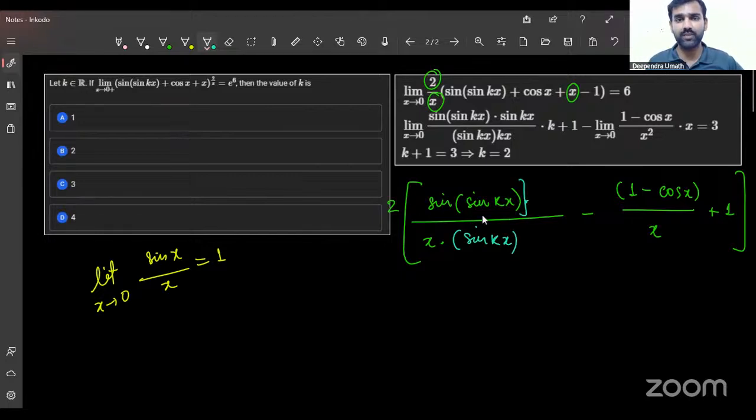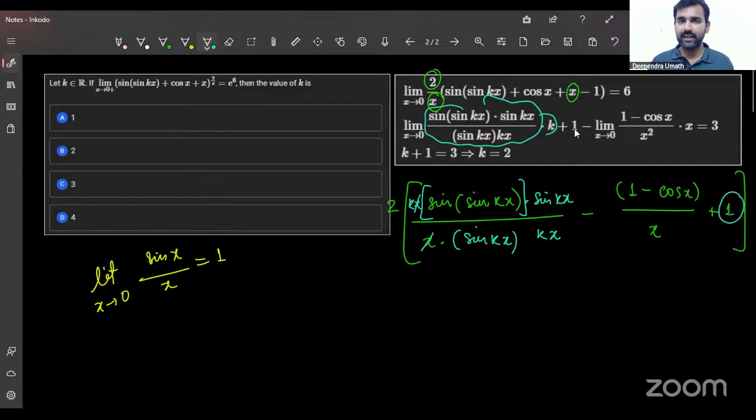So this whole expression I'm multiplying by sine kx. But of course, when you have done that, sine kx should also have a kx here. So when you have done this kx here, you should multiply a kx here as well. So this x gets cancelled by this x. So finally, what you'll be getting is this whole expression. So after all the cancellation, this is what you'll be left with.